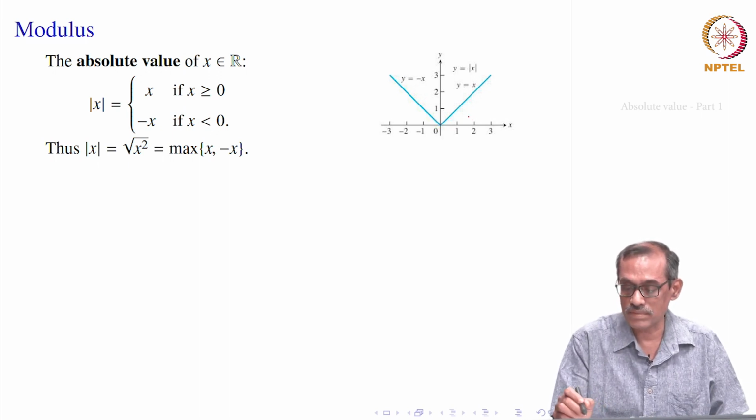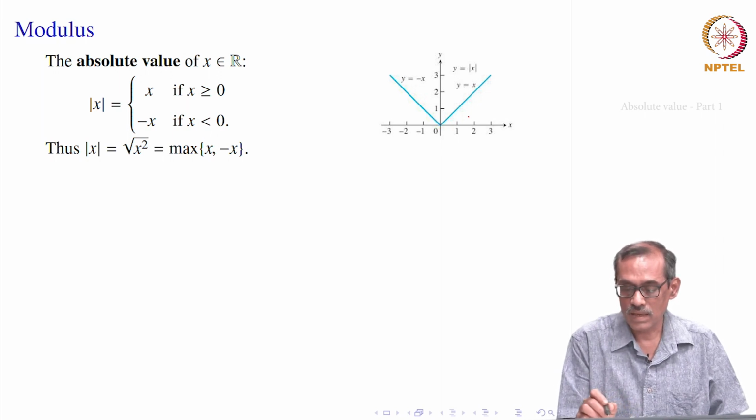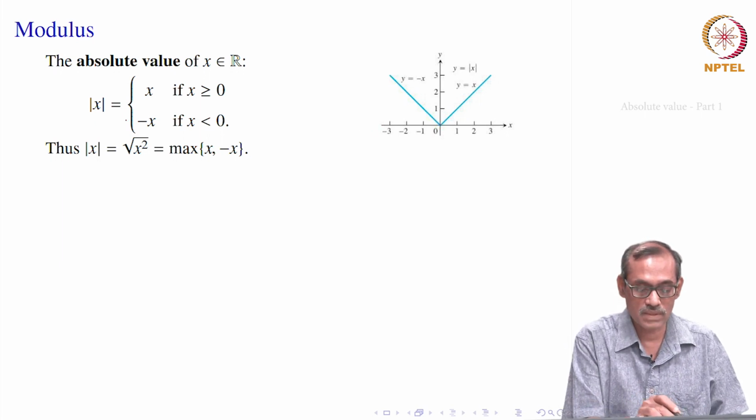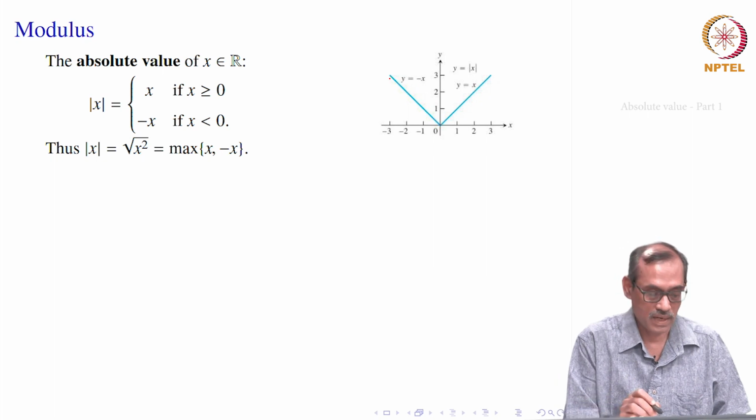That gives the graph of mod x. And on the other side, y will be equal to minus x, because y is mod x and x is negative here. So, mod x must be minus of x, and it is the line y equal to minus x. So, this is how we will be plotting the value of mod x with respect to each x. Okay.